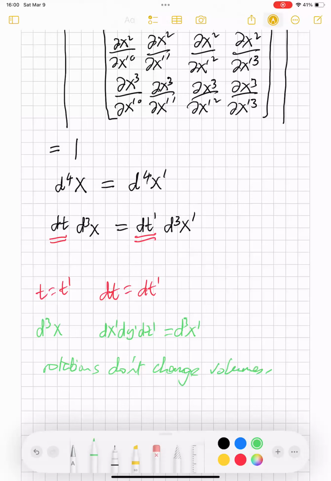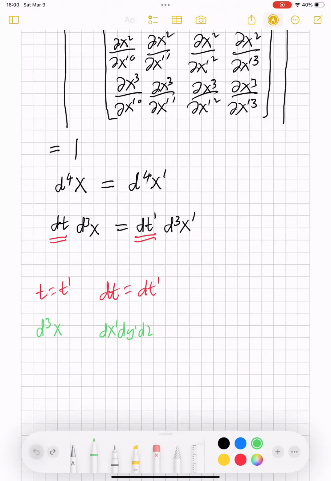If you pick up a box and you rotate it, you certainly don't change the volume of that box. And because of that, d3x, this little volume, will be equal to d3x prime, that little volume over there. So it's quite clear why d4x is invariant under rotations. Rotations don't change the times, and they don't change a spatial volume. So dt will be equal to dt prime, and d3x will be equal to d3x prime.